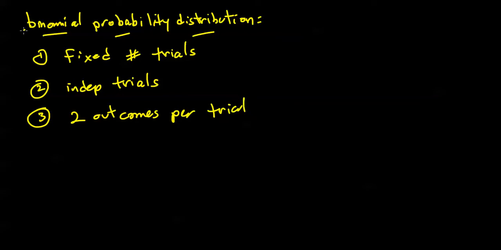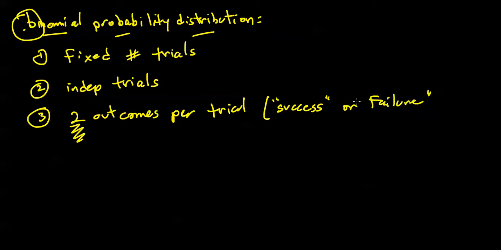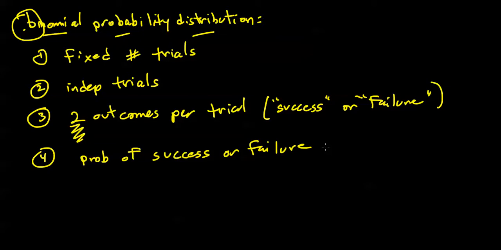And that's where the bi in binomial comes from. 2 outcomes per trial, typically labeled a success or failure. And requirement 4 for a binomial probability distribution, the probability of success or failure remains constant in all trials.